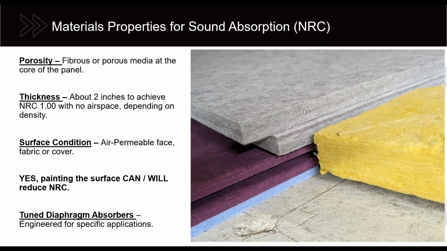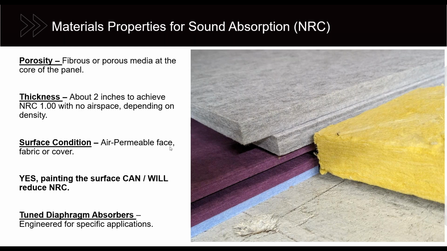So what are the properties of a material that contribute to sound absorption performance? Most sound absorption materials are porous or fibrous media. That porosity and fibrous material is very important. As sound flows through it, energy is lost in the pockets and all the different transfers of air to material to air.